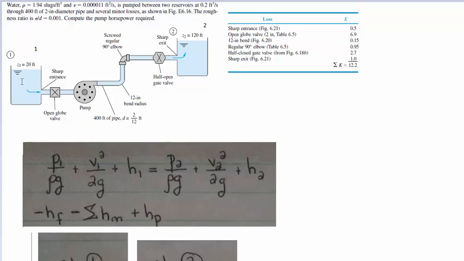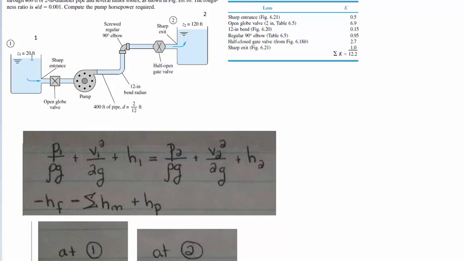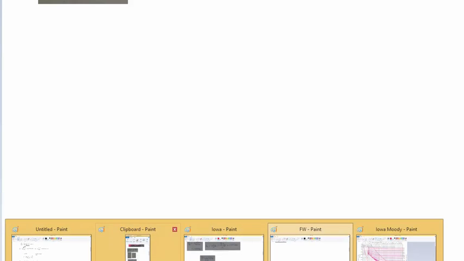Now we're in reservoirs once again. V1 and V2 are going to be 0. Don't be confused by these going in and these coming out. We talked about that in our energy video. And we are given heights already. So this H1 and H2 are just from here. Okay, and let's simplify our Bernoulli equation with those.